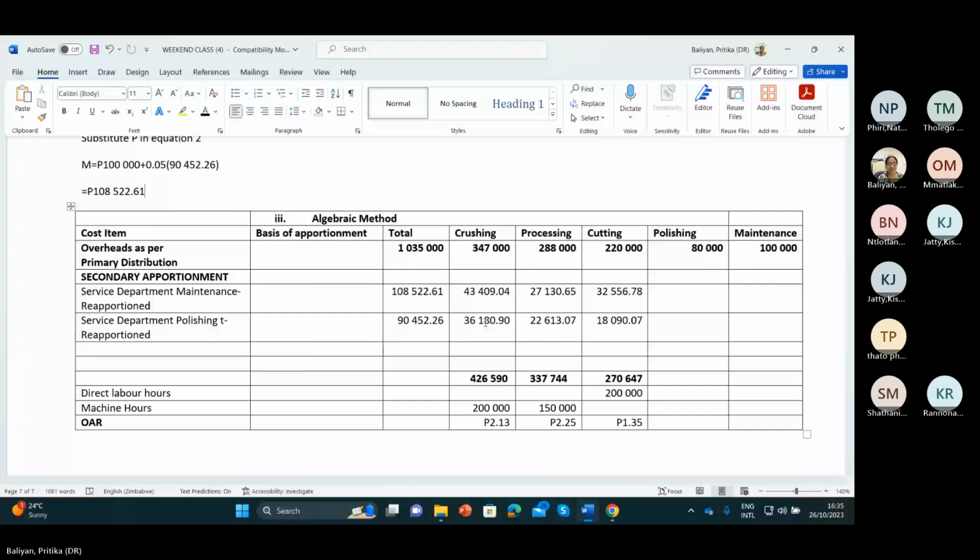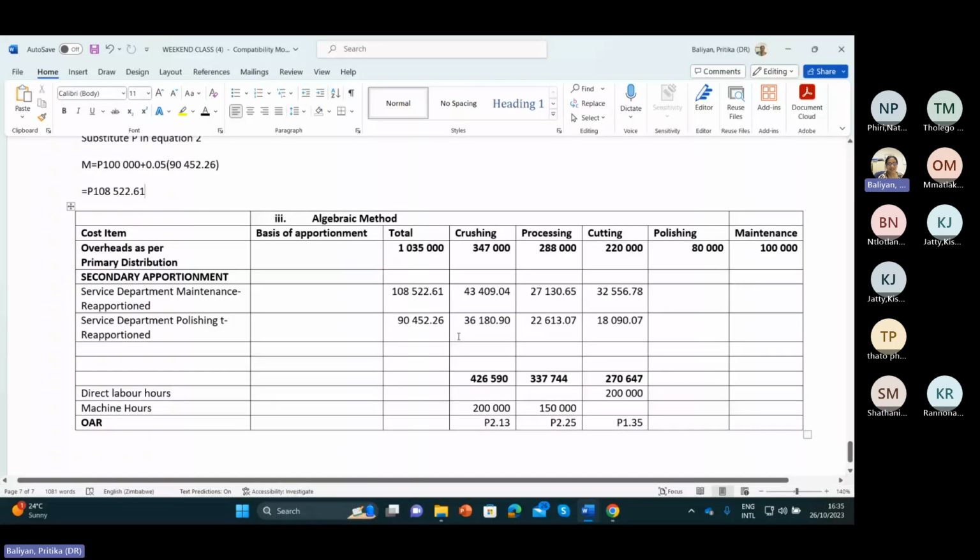Sorry, is it 45 for the crushing department? What figures are we getting?